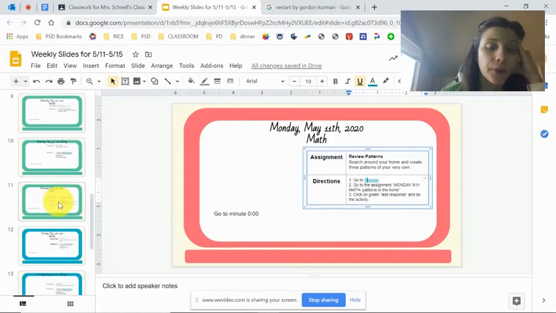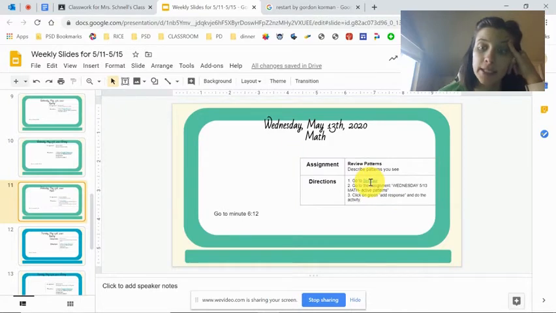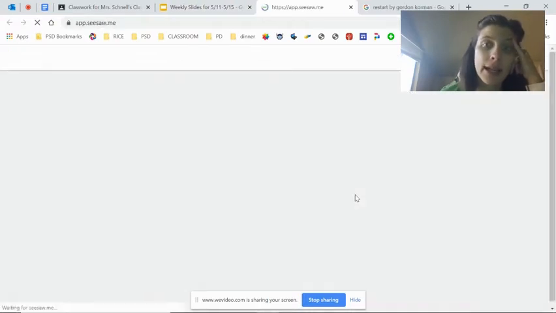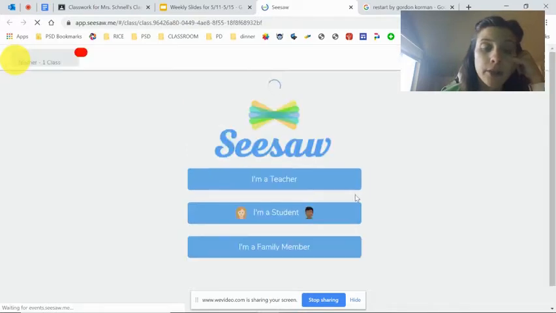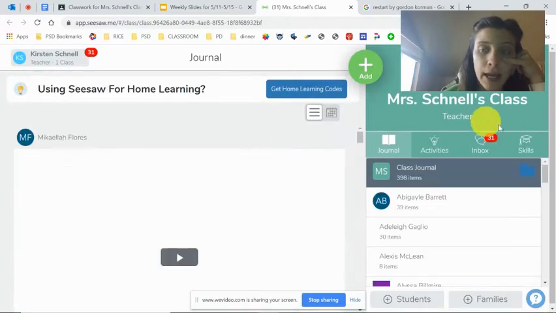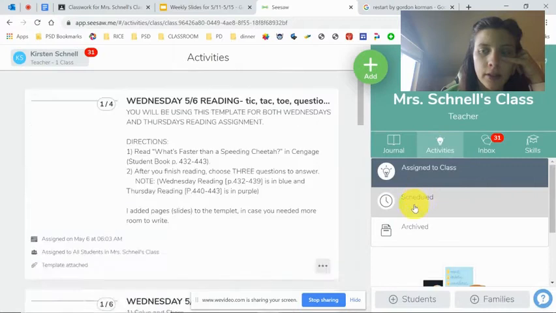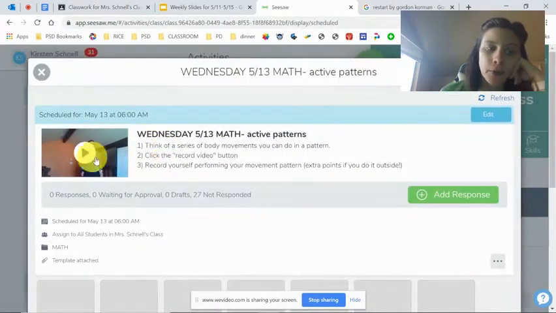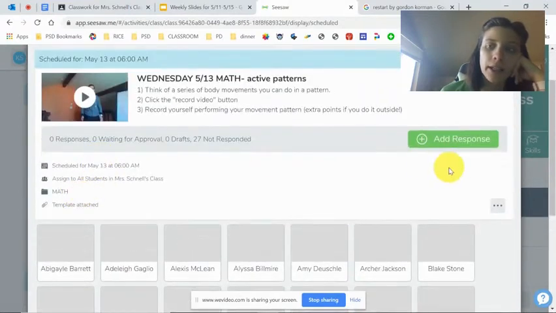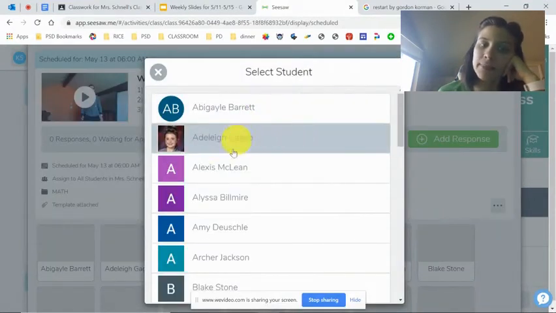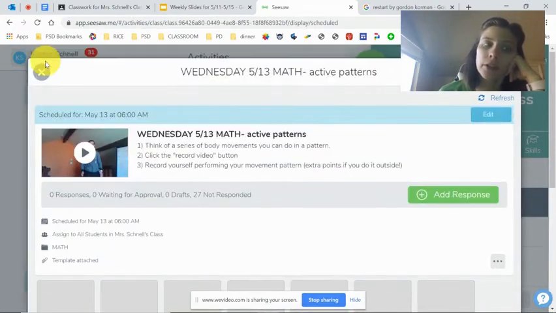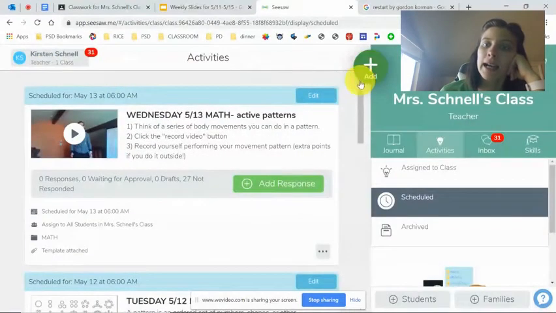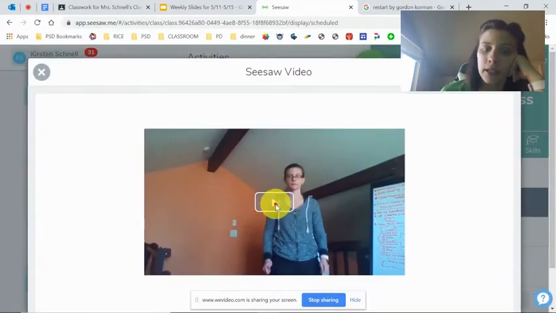All right, so for Wednesday, you're going to come into Seesaw and you are going to record yourself doing a pattern. I gave you an example here, but you're not going to add a response, but you can record your own video by hitting this little add button up here. Okay, so I'm going to show you my video.